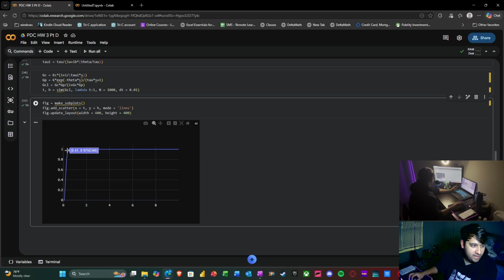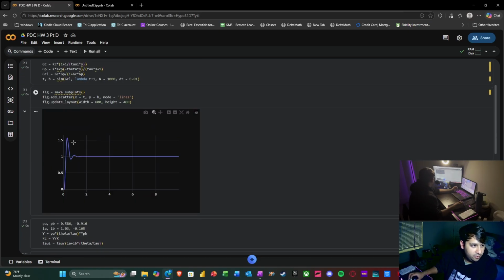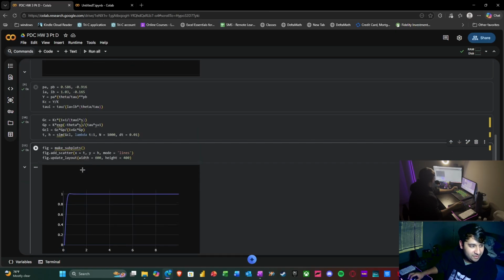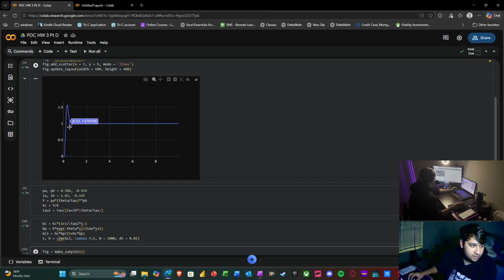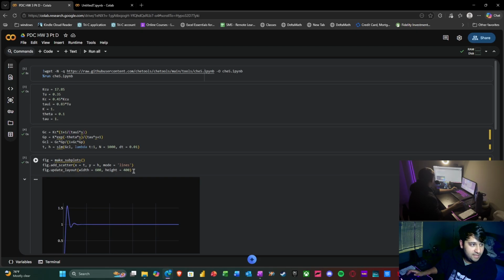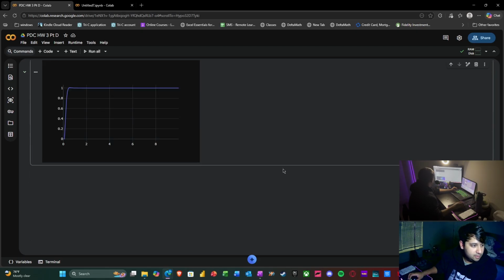You can see there's a tiny bump, but it's better than that. So the tuning method definitely worked in terms of going almost immediately into a steady state for the system rather than oscillating and then reaching our steady point. So that concludes part D.